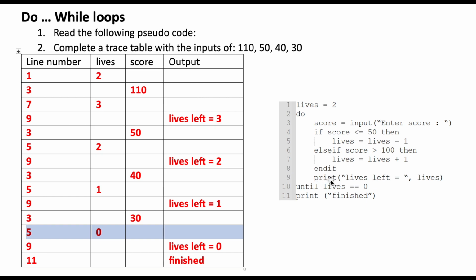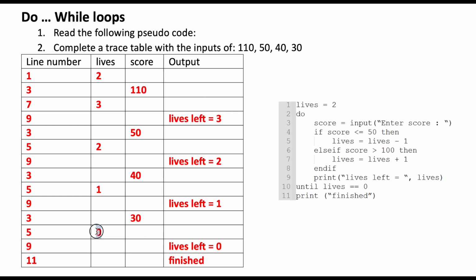We will jump straight to the print statement or the output line, print the lives left and the value of lives. So we can see here on line 9 that we have our string literal output plus the value of lives. Our final evaluation of the until statement says until lives is equal to 0.